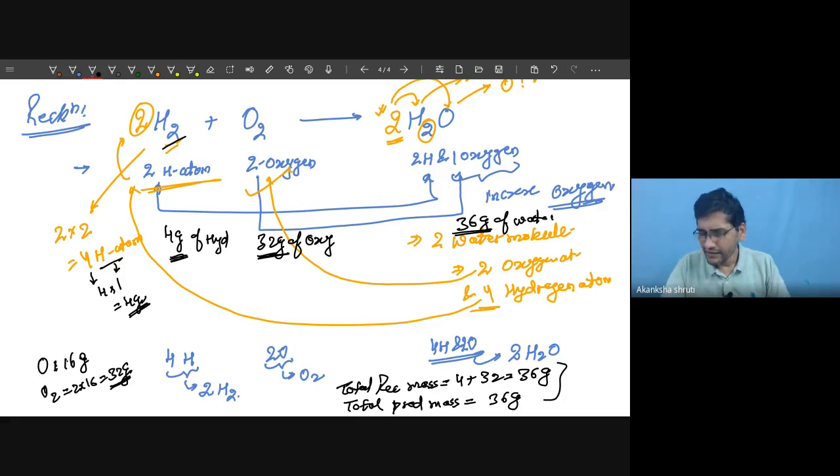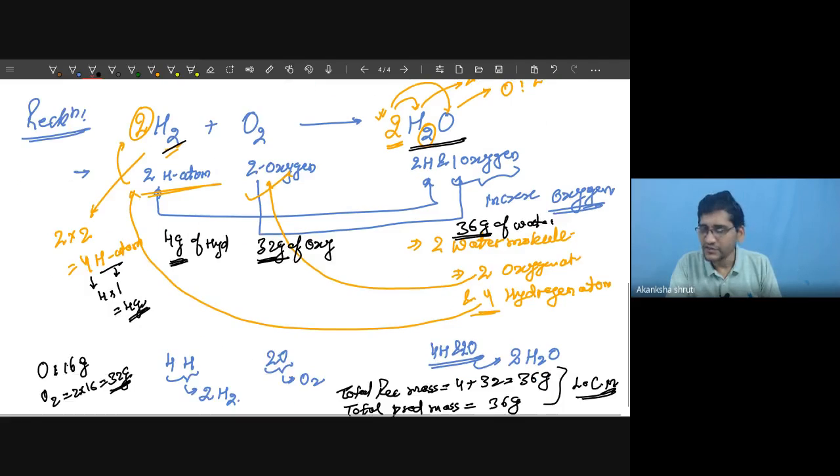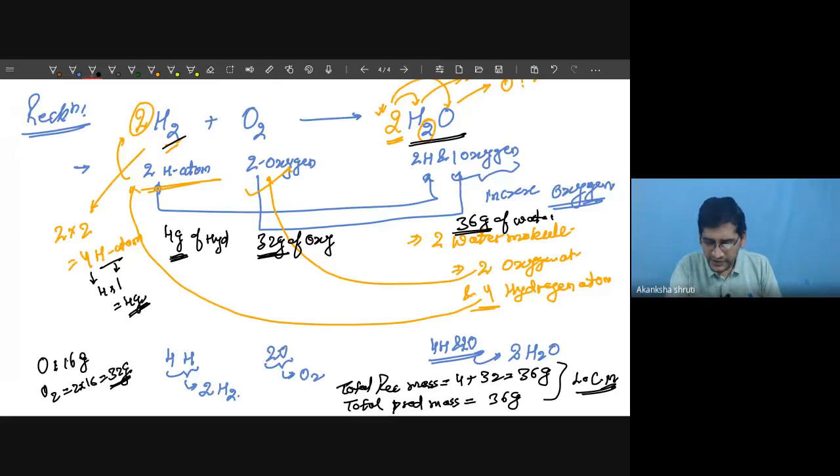So this way, the law of conservation of mass is also followed, and holding the 2 and 1, the ratio of hydrogen and oxygen in this water molecule, the law of constant proportion is also followed. So both these laws have to be followed during any chemical reaction. So this was all about laws of chemical combination.